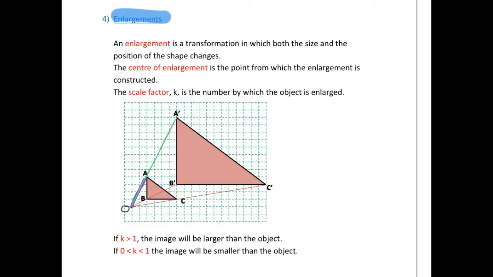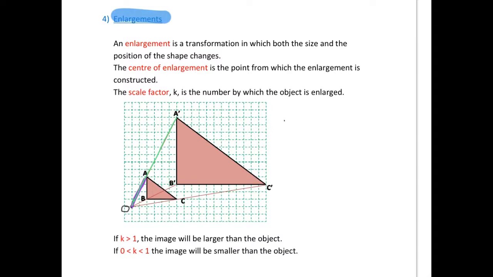So say, for example, in this case, our scale factor is 3. So instead of it being this purple distance, we take this purple distance and we multiply it by 3. So 1, 2, 3. So our point is now out here. So each distance from O to a point is multiplied by 3, and that gives us our new image point.